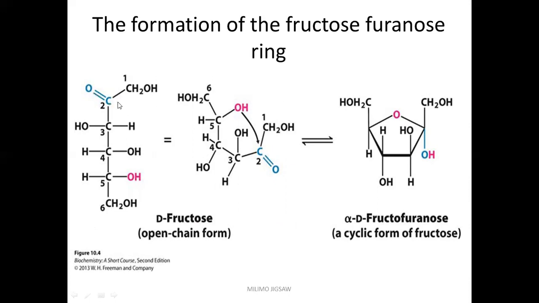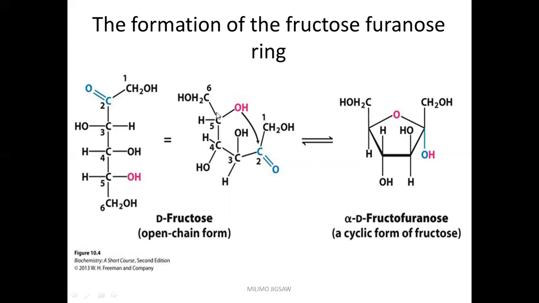For the ring form to form, the carbon at the carbonyl group will be involved together with a hydroxyl group. So for fructose, it's carbon 2 and carbon 5.